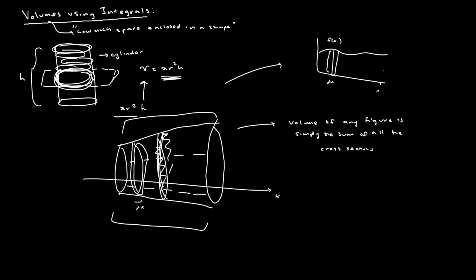I'm doing something very similar when finding volume, except now my slice is an area. So the slice is simply that cross-sectional area, and the dx gives me that tiny height, which allows my integral to be a volume.